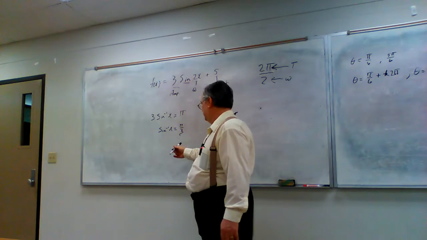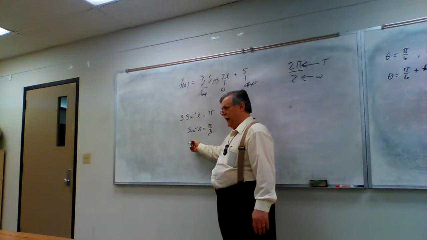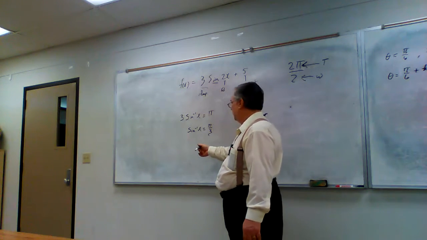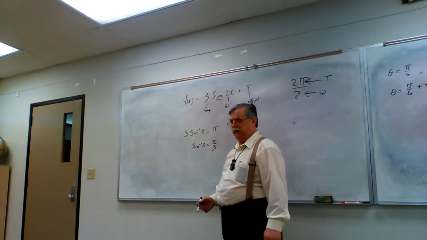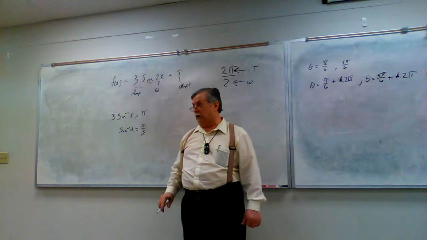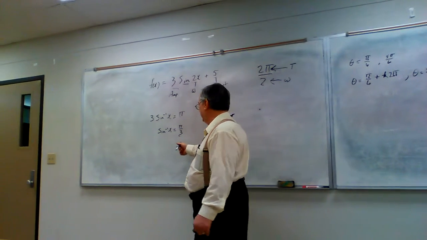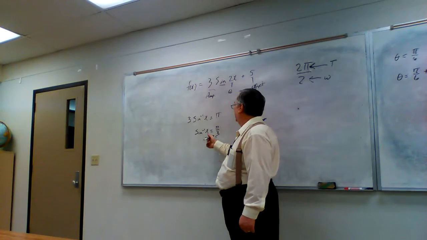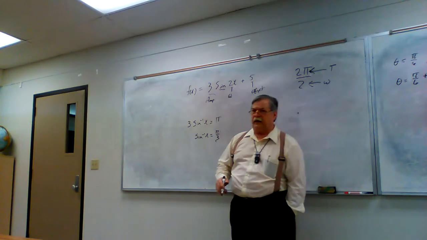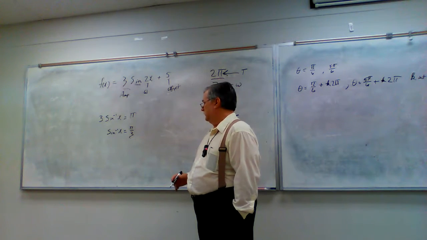What does that mean? That means x is an angle, the sine of which is pi over 3. Does everyone have their unit circle somewhere on their card? What x would give us a sine of pi over 3? 1/2.